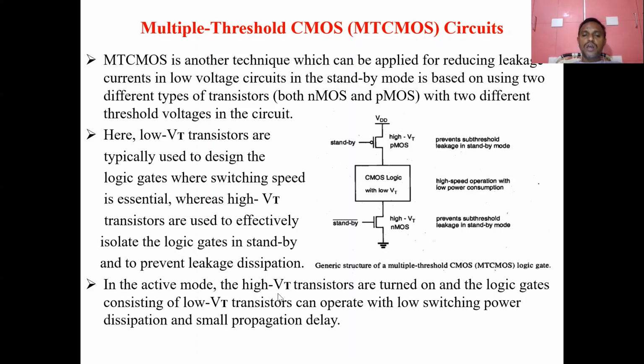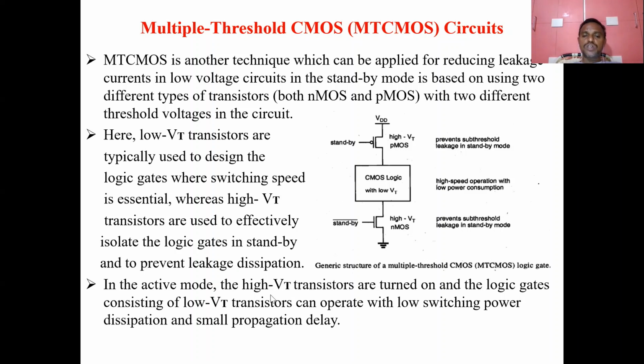In active mode, whenever the high threshold voltage transistors are in the on condition, the CMOS logic gates with low threshold voltage will operate, where low threshold voltage transistors can operate with low switching power dissipation and small propagation delay.